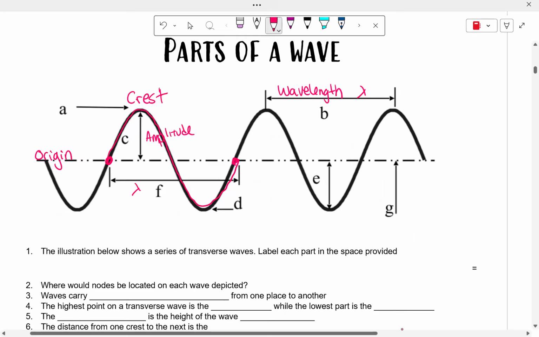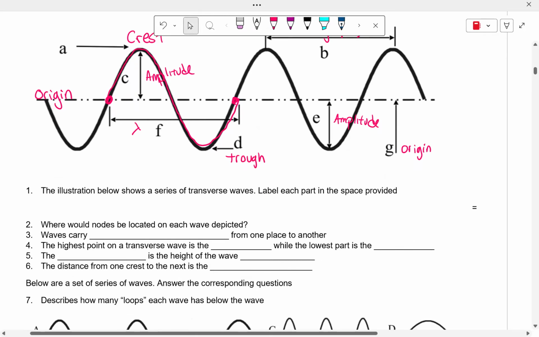So it's not really that important for what we care about, but it should be displaced upwards as much as it's displaced downwards. And as I said, G here is the origin, the center part of your wave. And lastly, we have D, that is the trough, the bottom-most part of your wave.